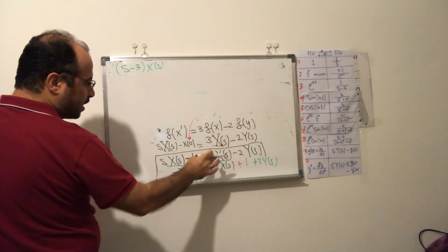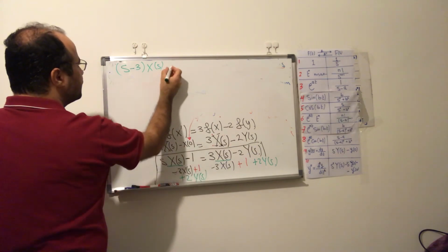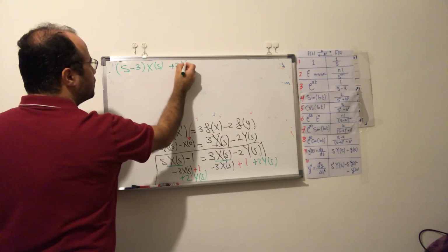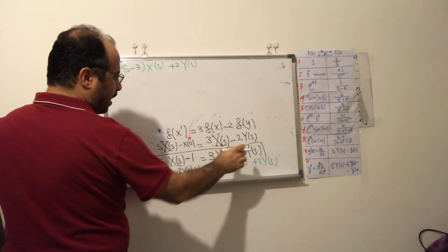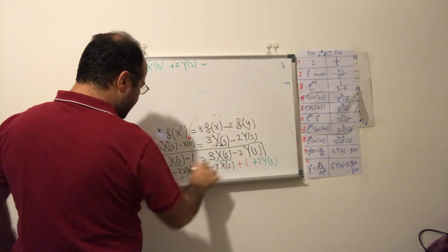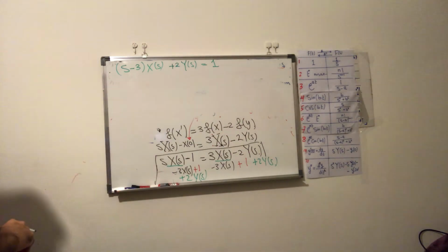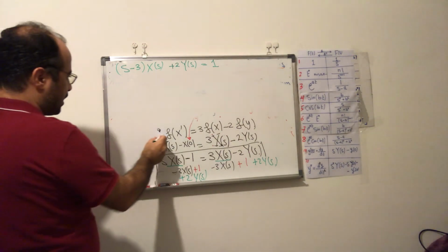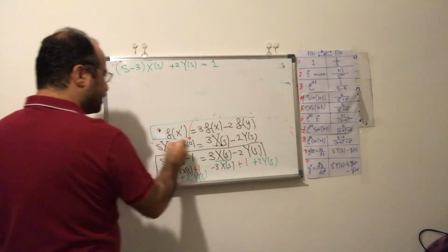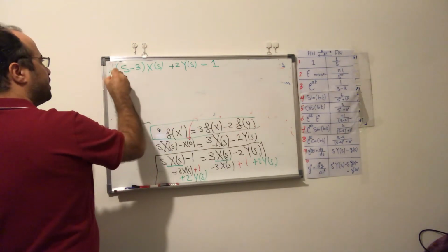And the 1 goes to the other side, plus 2Y of s, and equal on the other side I'm going to have just that 1. This is just the Laplace. So this equation here is giving me that.